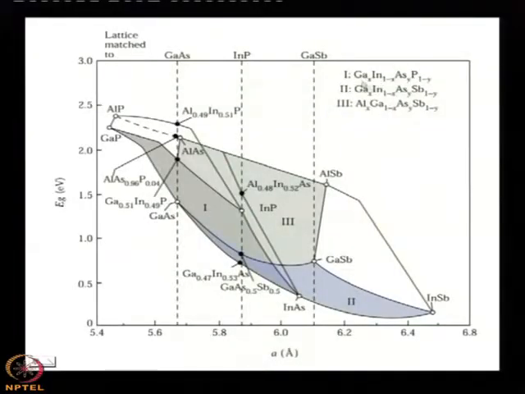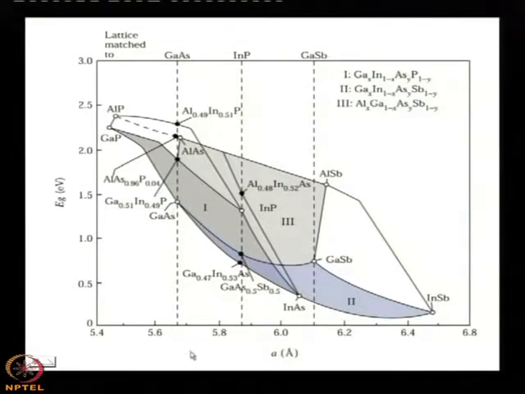That means gallium indium arsenide phosphide is a quaternary, and one constraint is that you have to grow it on a lattice matching substrate. What substrate? We have shown you three substrates: gallium arsenide, indium phosphide, gallium antimonide.